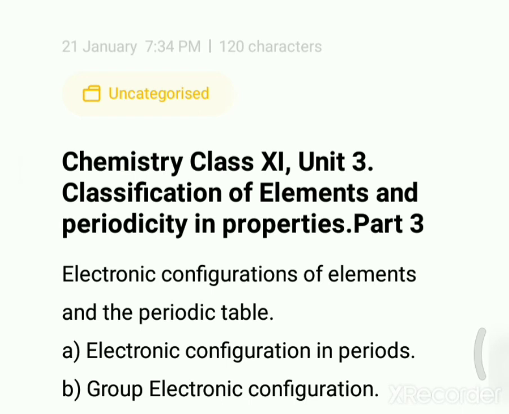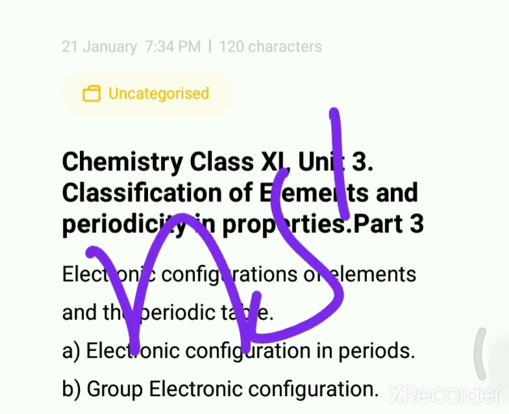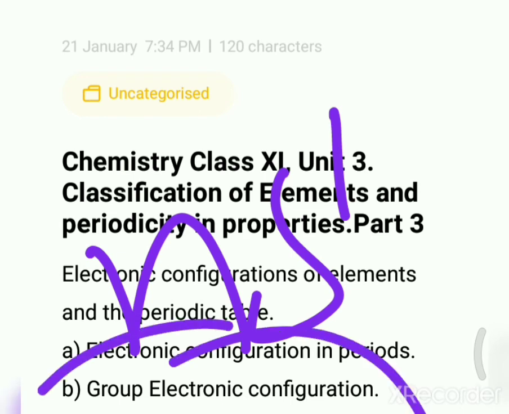For example, group 1 elements are alkali metals, all having ns1 electronic configuration, which is the valence shell electronic configuration that we can see in this table.